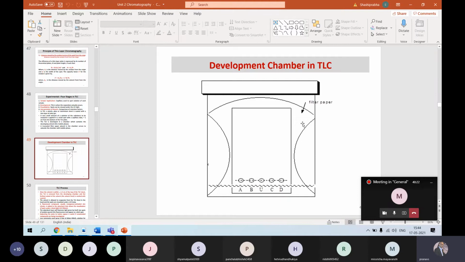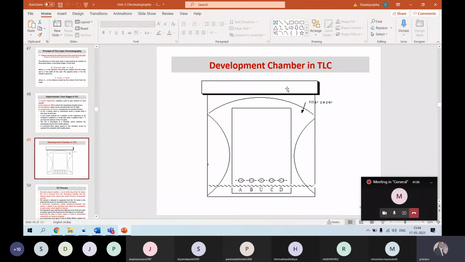Before you put your TLC plate in, the whole chamber should be saturated with your moving phase, and that saturation is done relatively faster by putting a filter paper here, so that your mobile phase can migrate and spread faster. So there should be a complete medium of mobile phase vapor in this region. And then you put your TLC plate inside and then cover the system.